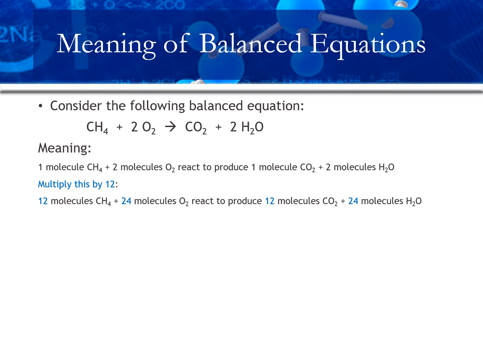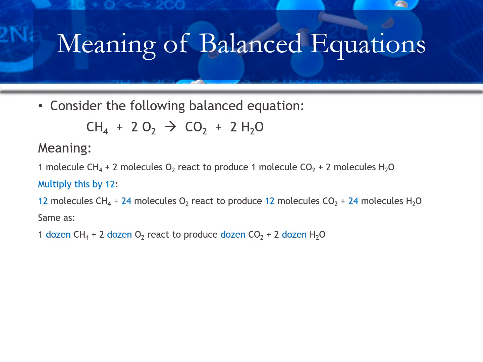And if I'm going to use 12, I might as well refer to this as a dozen molecules. So this is the same thing as saying 1 dozen CH4 molecules react with 2 dozen molecules of oxygen, etc. And once I get that word dozen in there, it makes just as much sense to use the word mole.